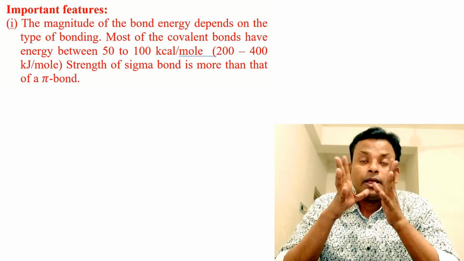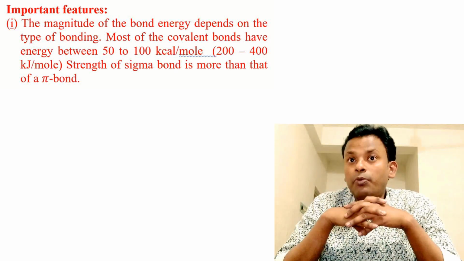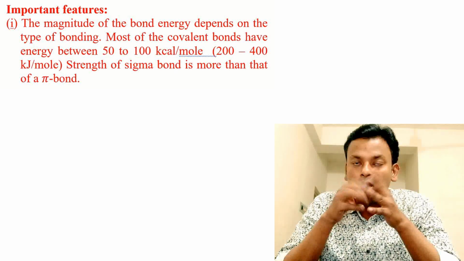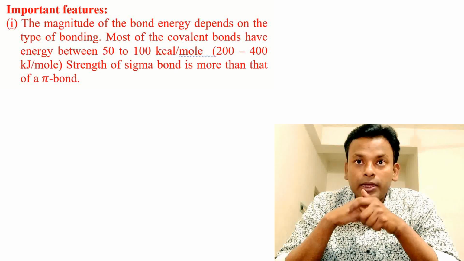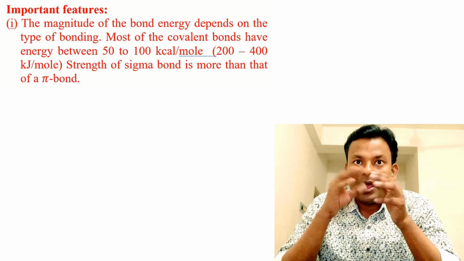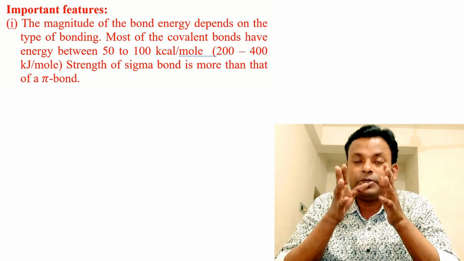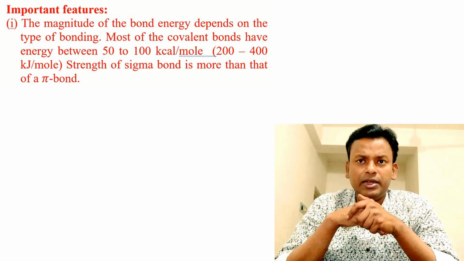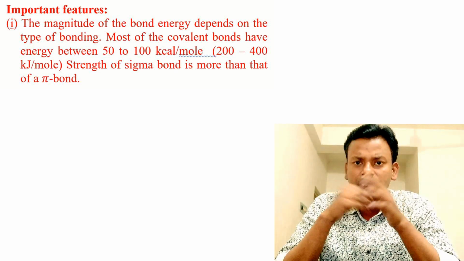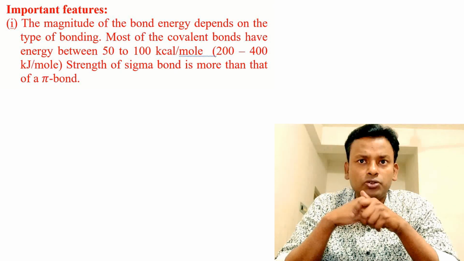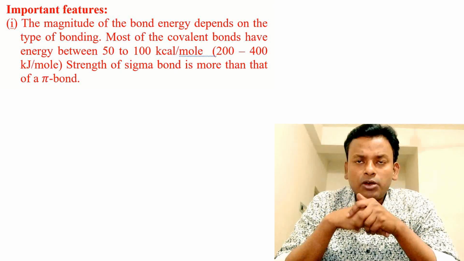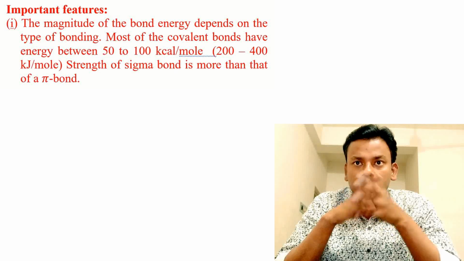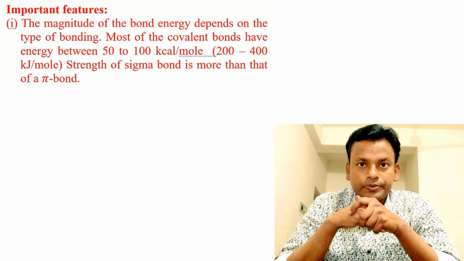First point, the magnitude of the bond energy depends on the type of bonding. Most covalent bonds have energy between 50 to 100 kilocalorie per mole, that is 200 to 400 kilojoule per mole. The strength of the sigma bond is more than that of the pi bond.